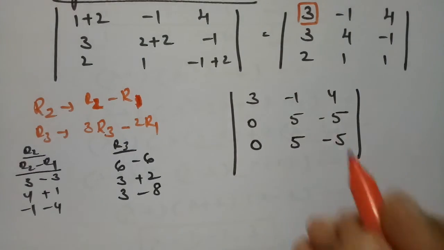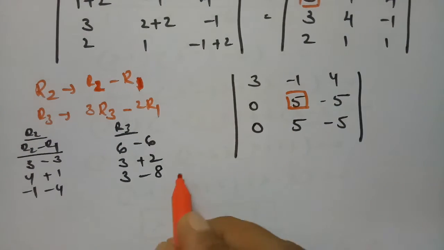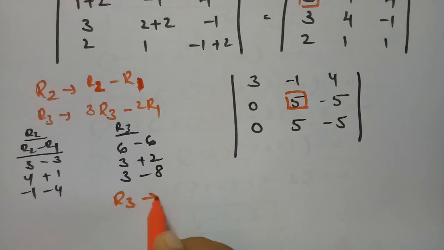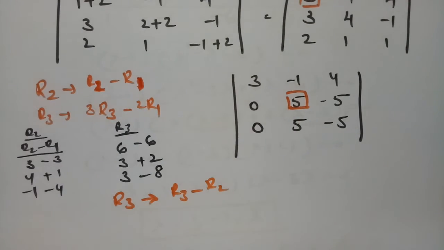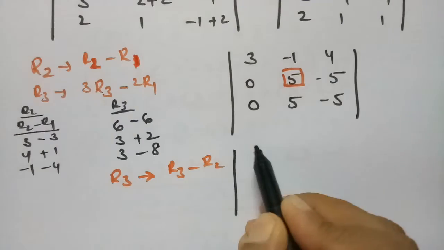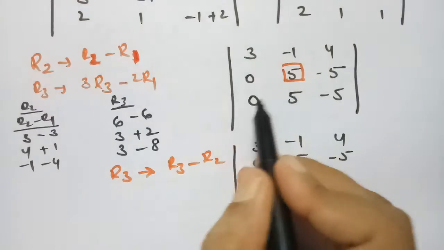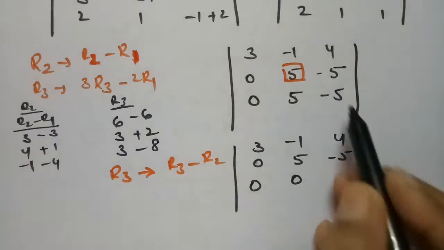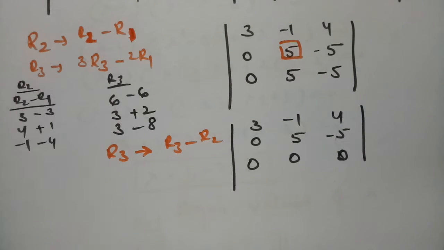Now I have to use the second diagonal element to make R3 0. For that, my operation will be R3 is equal to R3 minus R2. So row 1 stays as it is, row 2 is 0, 5, minus 5, and after subtracting, R3 is 0, 0, 0. Here, what is the rank?